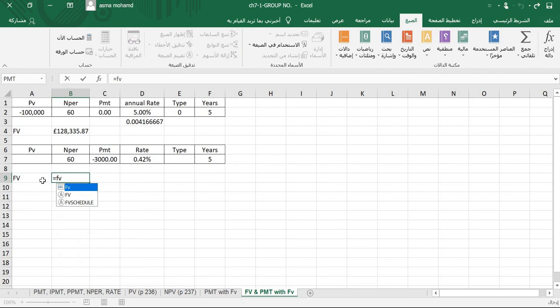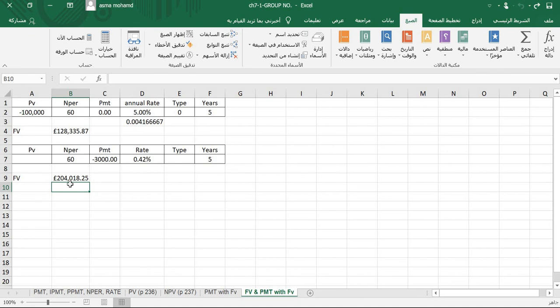So future value, and then I will insert the rate, the number of periods, and the PMT, and I don't have any present value, and the type is as default. We'll close it. So if you invest 3,000 riyal each month in 5 years, you'll have 240,000 riyal.